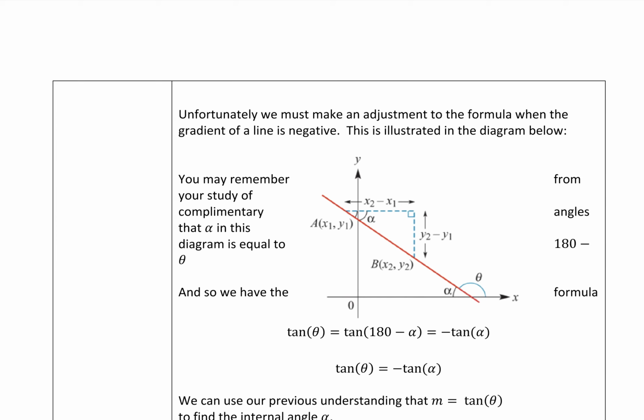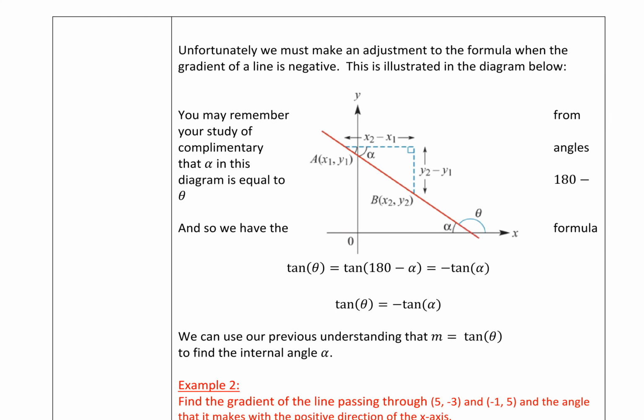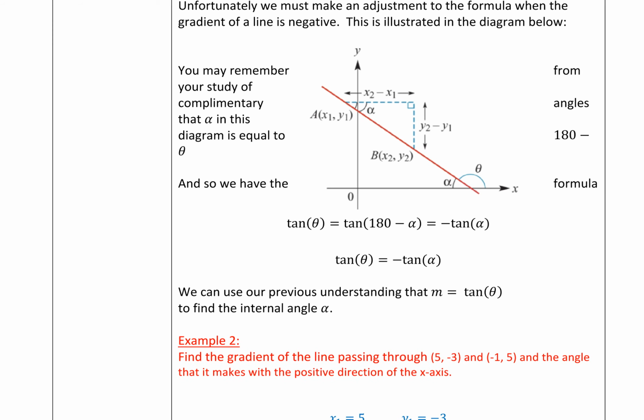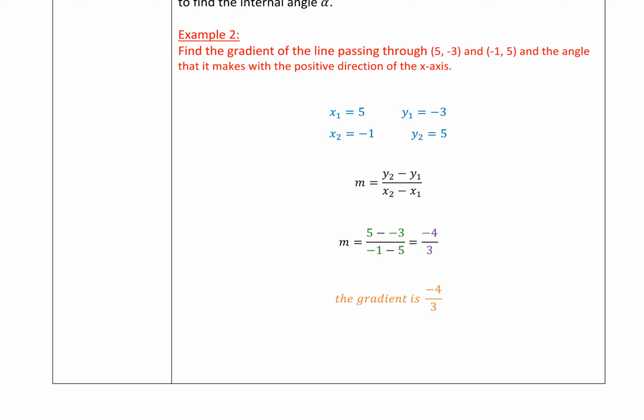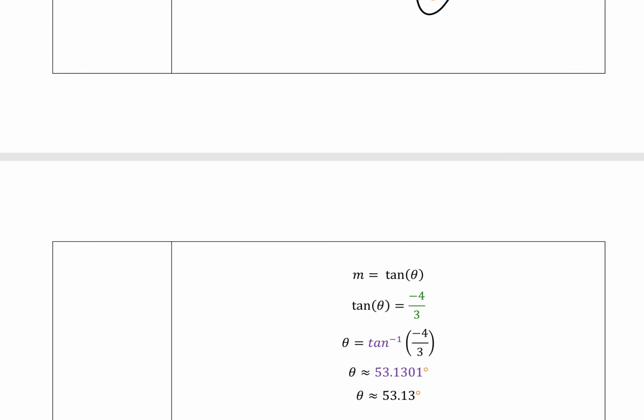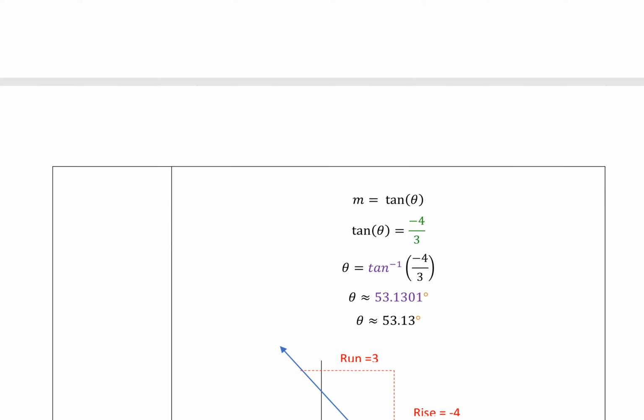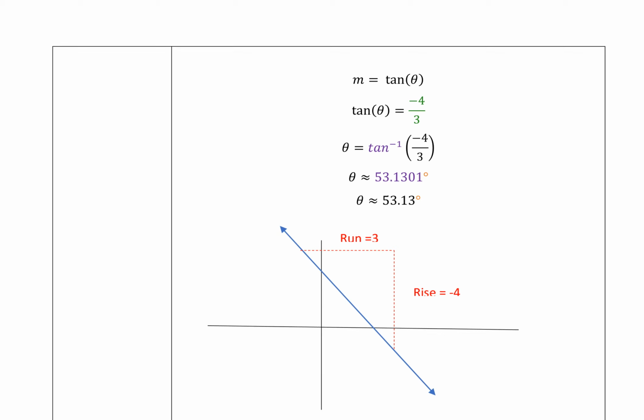Now this is a little bit odd when it's a negative gradient though. In general, all we'd need to think is find that internal angle and then do 180 minus that angle. So using a similar question here, I found the gradient is negative 4 over 3. So if m equals tan theta and I got negative 4 over 3, then the arctan of negative 4 over 3 is 53 degrees.